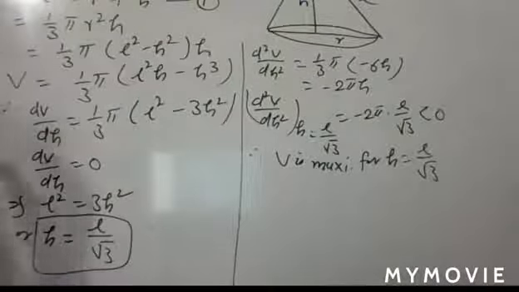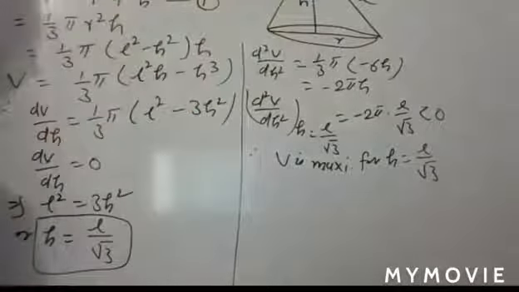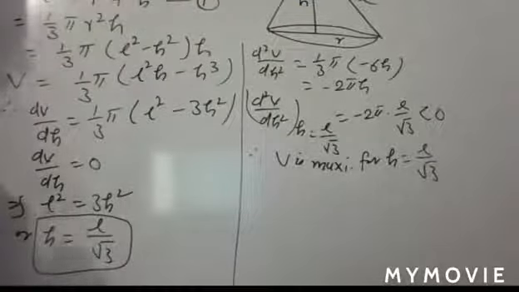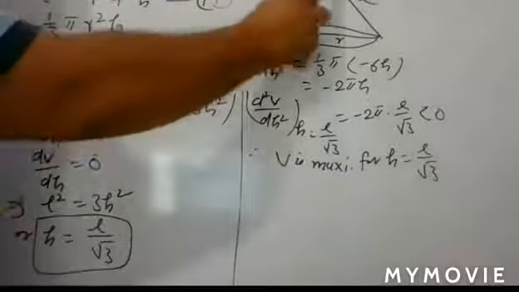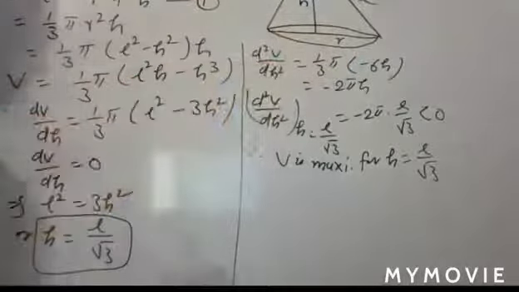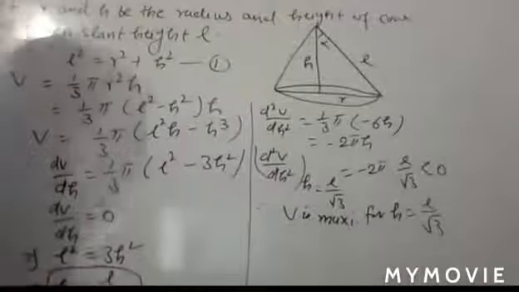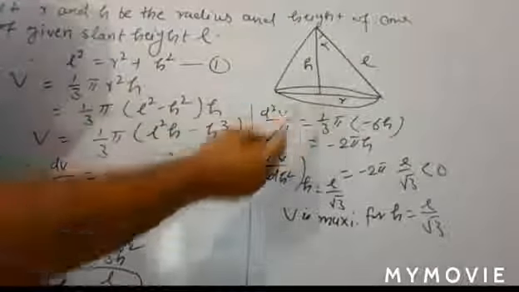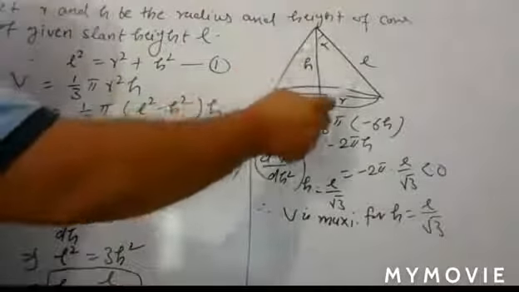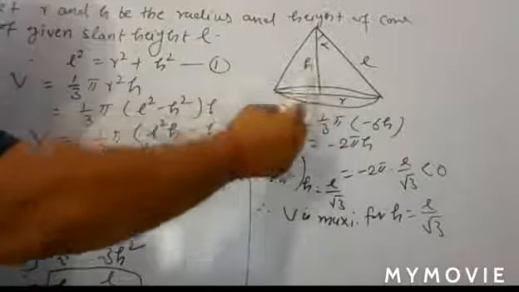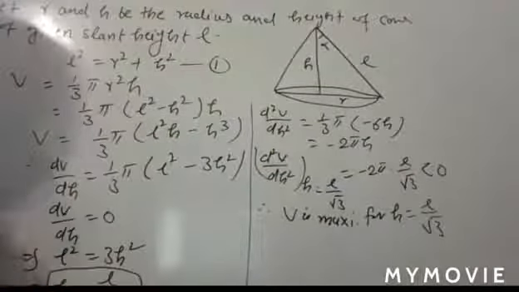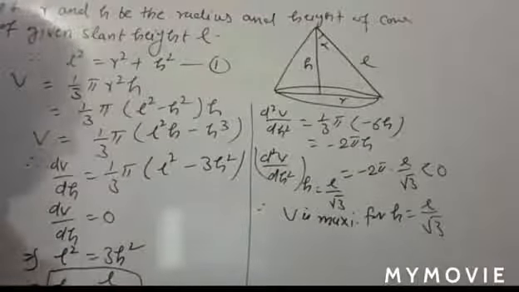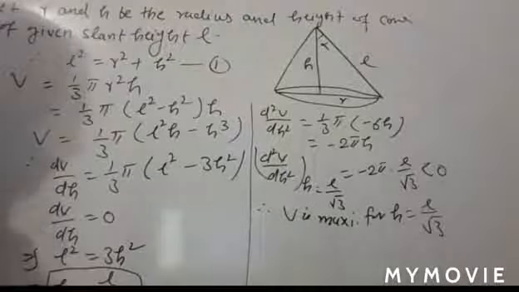Understand? Now, here you have to form a relation for this semi-vertical angle, means you have to find the value of semi-vertical angle. So if you see this triangle in the figure, this angle is 90 degree. So tan is perpendicular upon base, R by H, which gives the value of tan alpha.